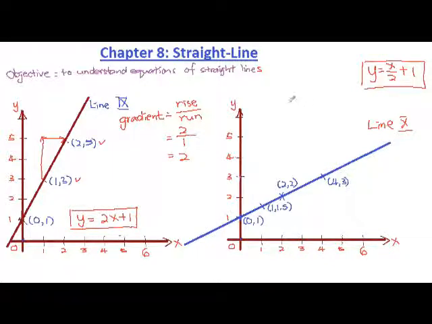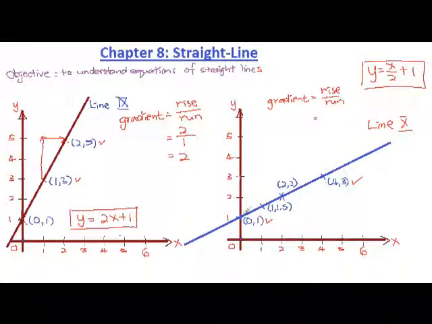For line 10, the gradient is equals to rise over run again. And now I want to pick 2 points, and these are the 2 points I would like to use, (0, 1) and (4, 3).